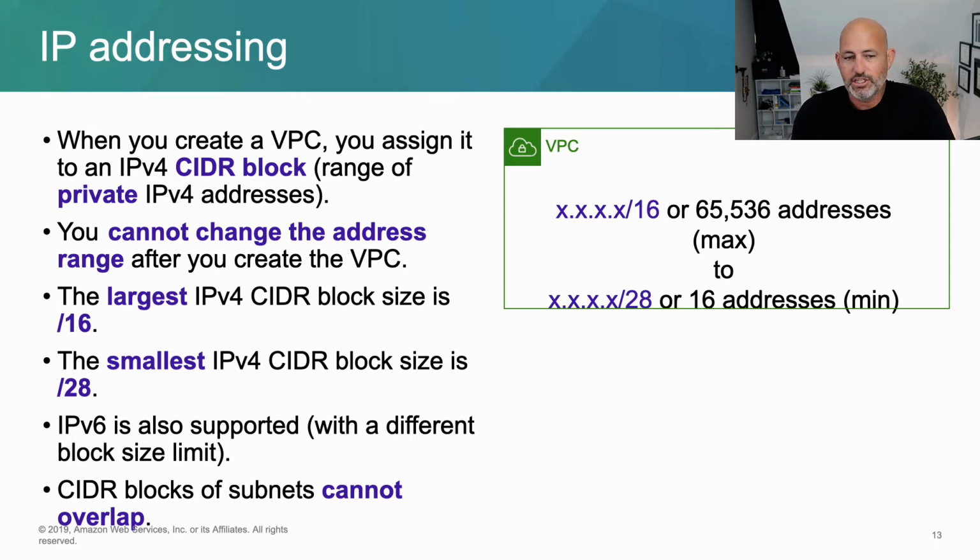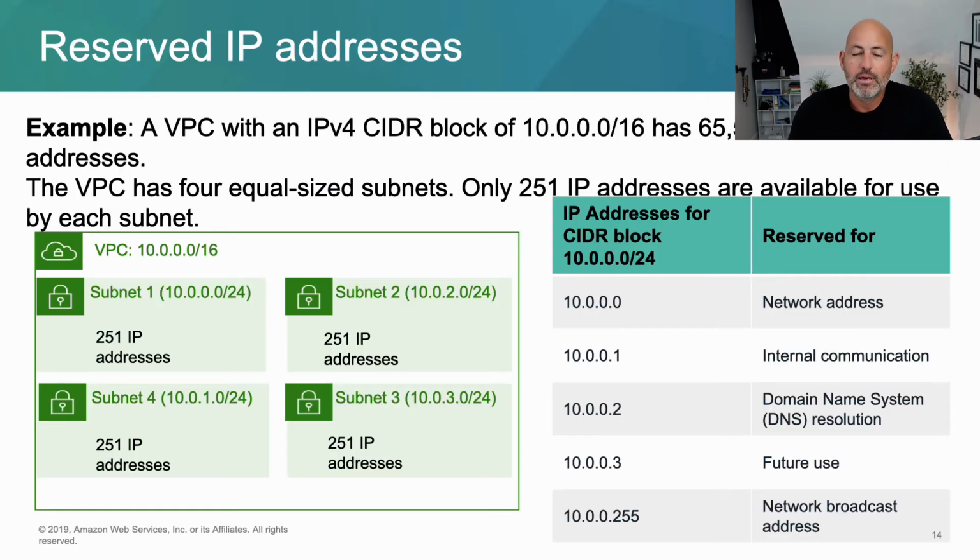You can't change the address after you create the VPC. The largest IPv4 CIDR block is /16. The smallest is /28. IPv6 is also supported, but with a different block size limit, and CIDR blocks of subnets cannot overlap.